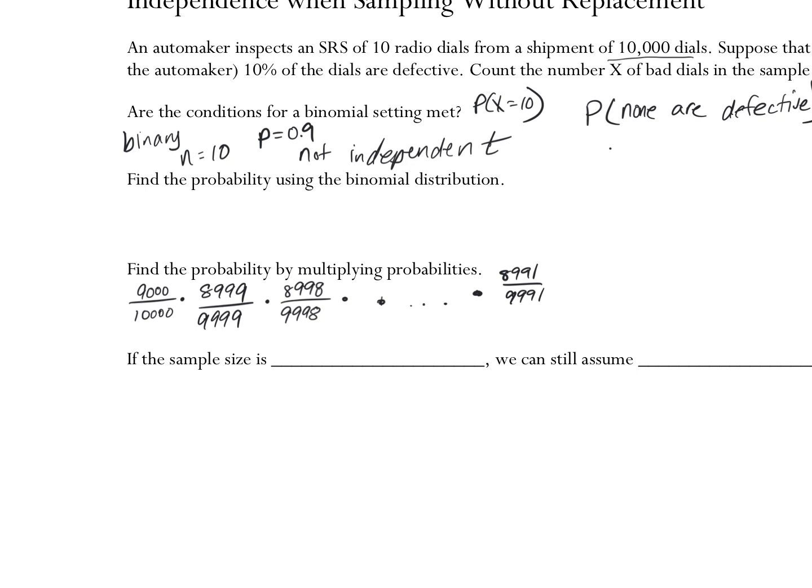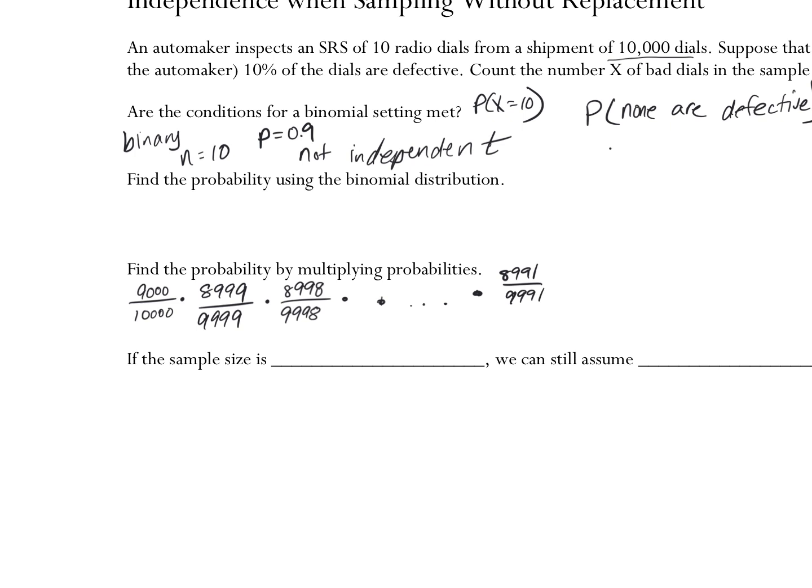Is this okay? Under what circumstances would we say, hey, this probability is off? It's when our sample size is too big. Let's say I had a sample size of 2,000 out of these 10,000.